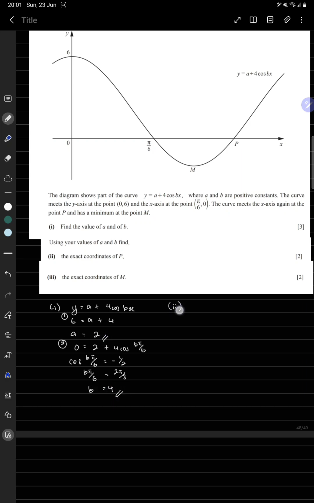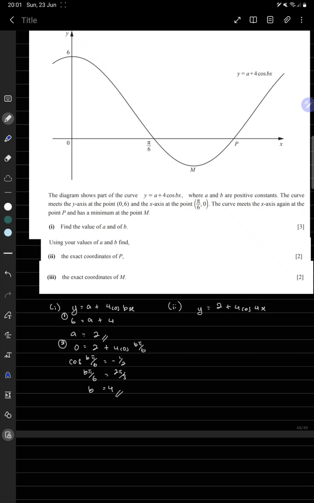Now moving on to the next part. It says, using your values of a and b, find the exact coordinates of P. P is currently placed on the x-axis, so we are going to substitute y equals 0. Copying the equation with a and b inside, y equals 2 plus 4 cos 4x.